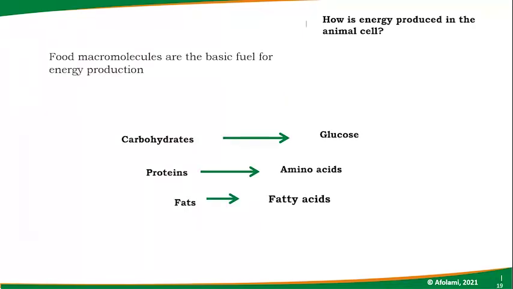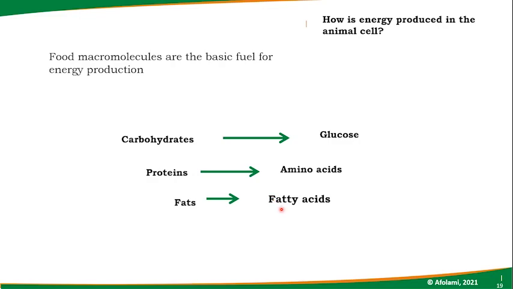Okay, so the next thing is how energy is produced in the animal cell. So we know that we produce energy from the foods. So our foods serve as fuels. So when we take carbohydrates, you recall in NUT 201, your carbohydrates are broken down to glucose, your proteins are broken down to amino acids, and your fats are broken down to fatty acids.